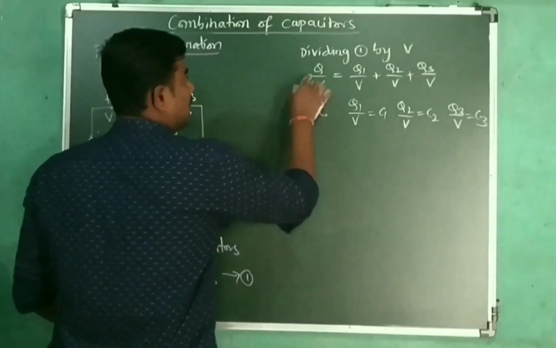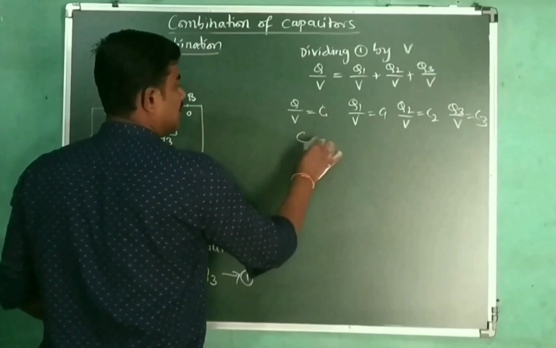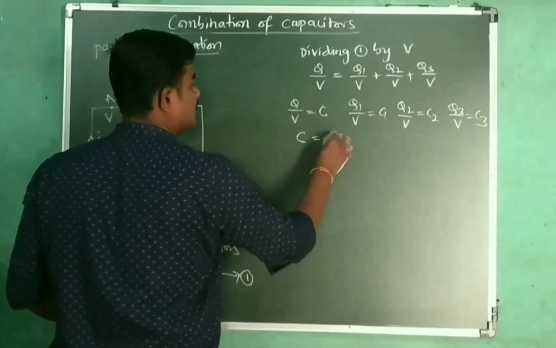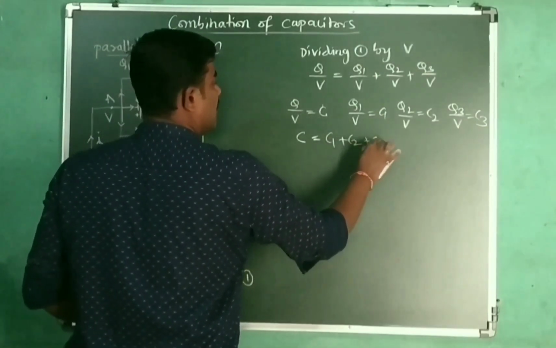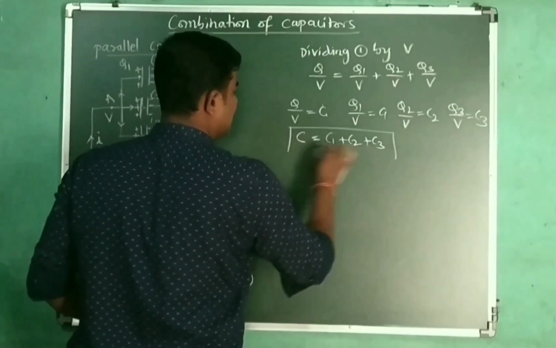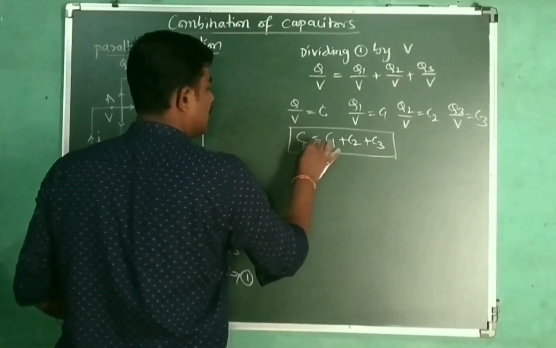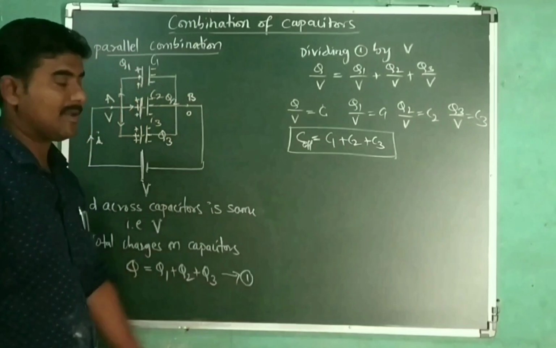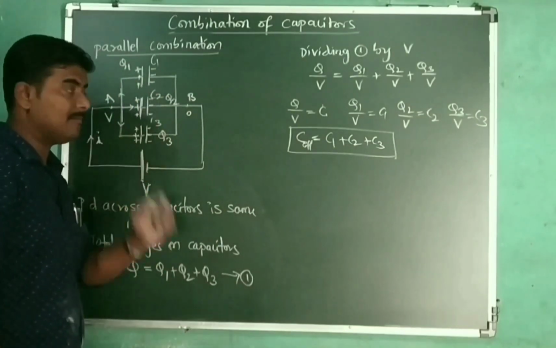Therefore C is equal to C1 plus C2 plus C3. This is the effective capacitance or equivalent capacitance of three capacitors connected in parallel.